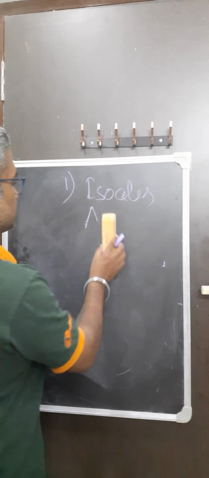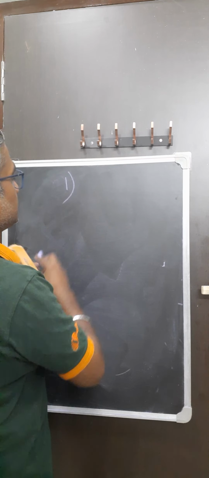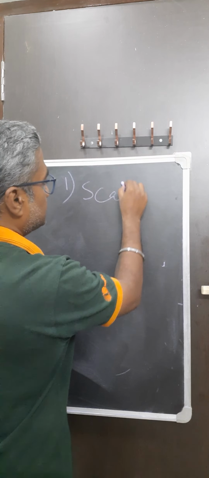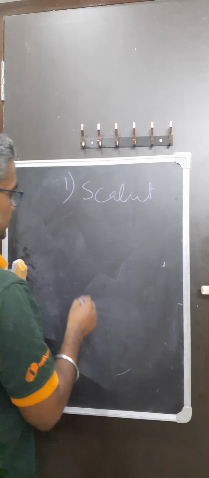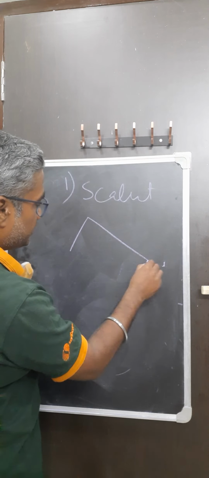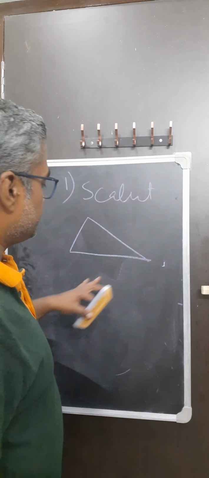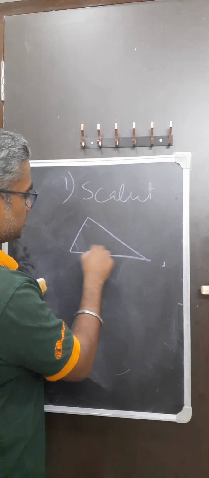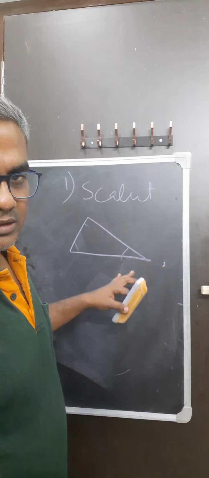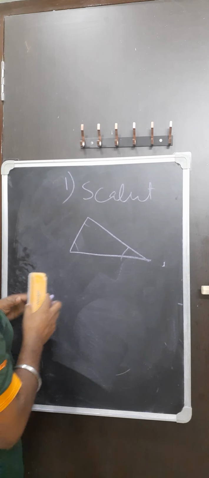So this is the isosceles triangle, and the third one is the scalene, which means none of the sides are equal to each other. That means all three angles are different from each other. Okay, so these are the three kinds of triangle.